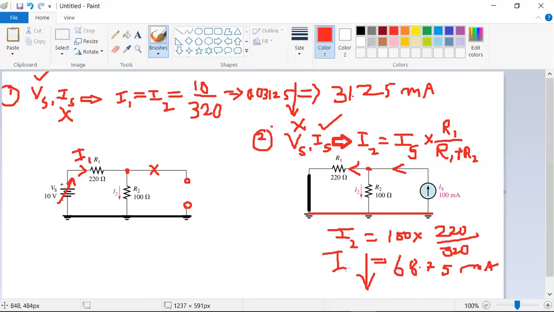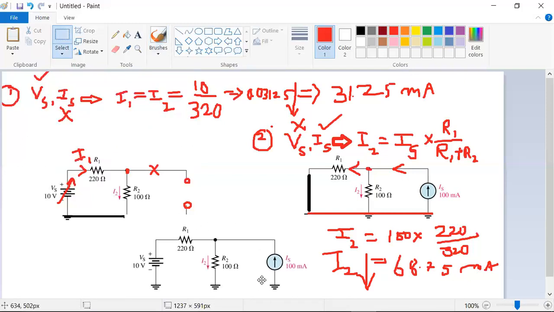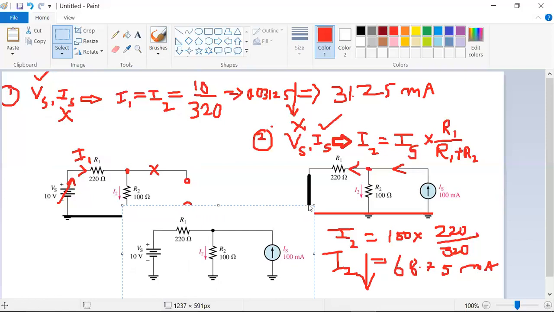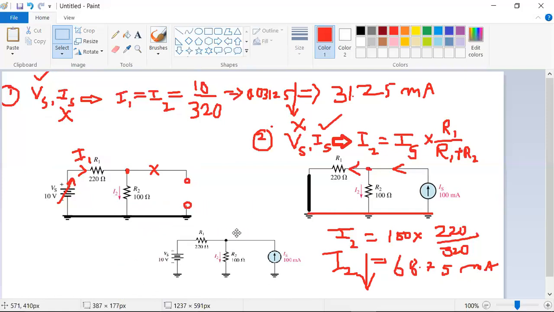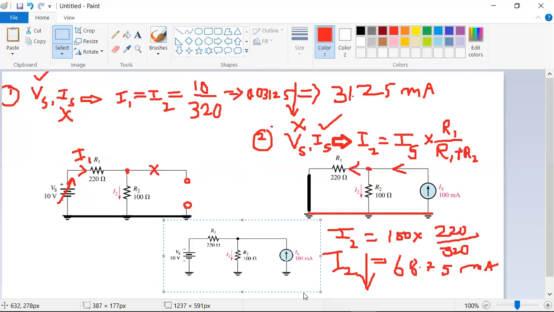So now if you add these two currents, which from both sources are downwards, let me add that here itself. Both currents are downwards, right?